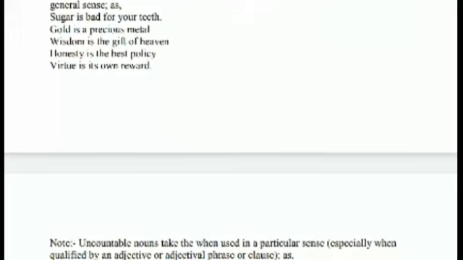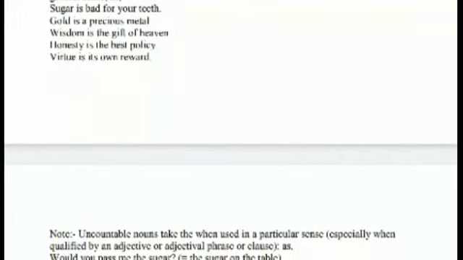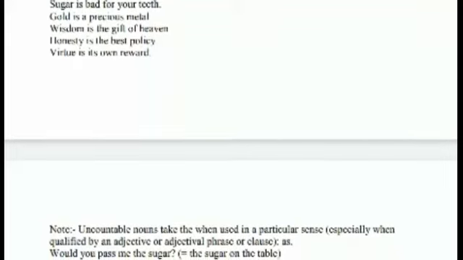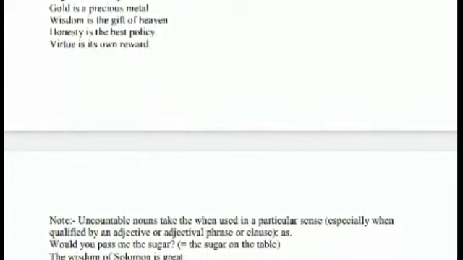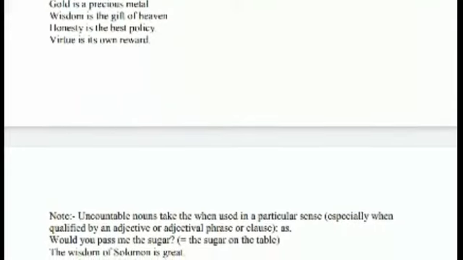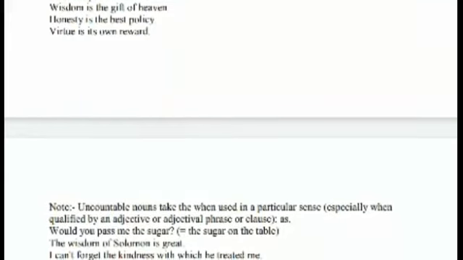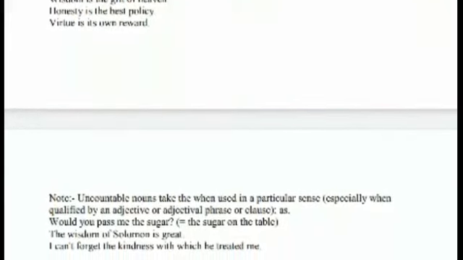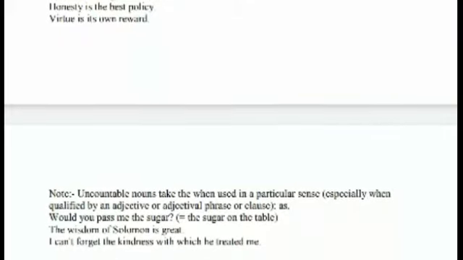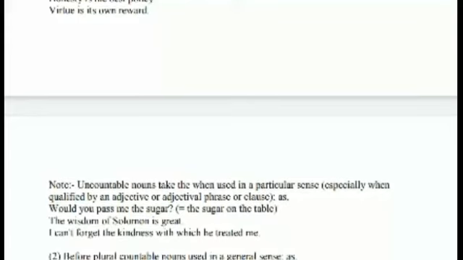Here, in the previous sentence, sugar is bad for our teeth, the article is omitted. But here, in a particular case, would you pass me the sugar? The sugar means the sugar on the table. But in the previous sentence, sugar is bad for our teeth means in general, any sugar is bad for our teeth.